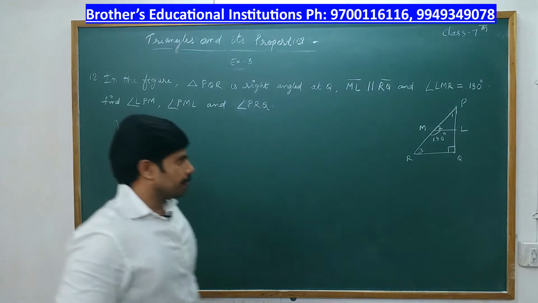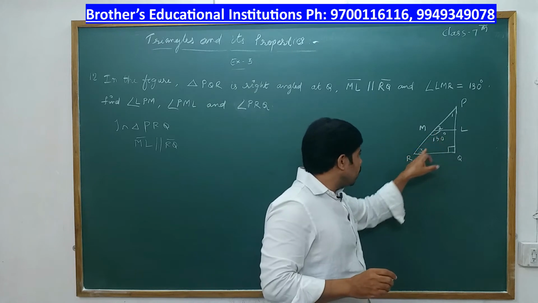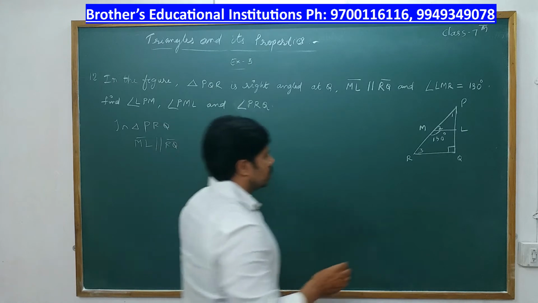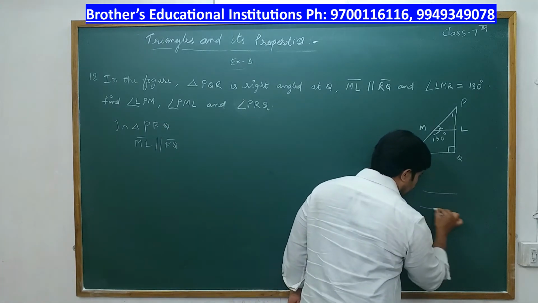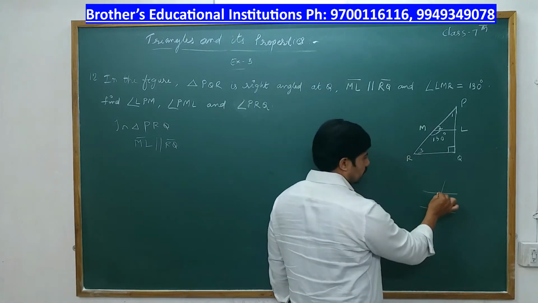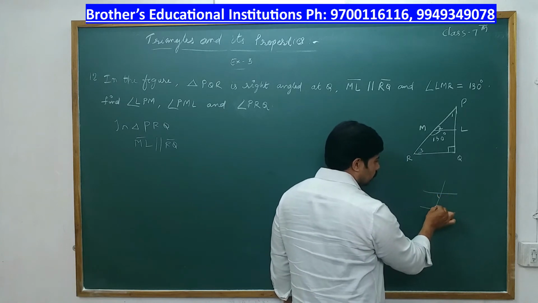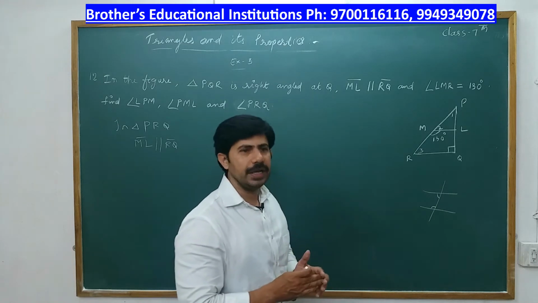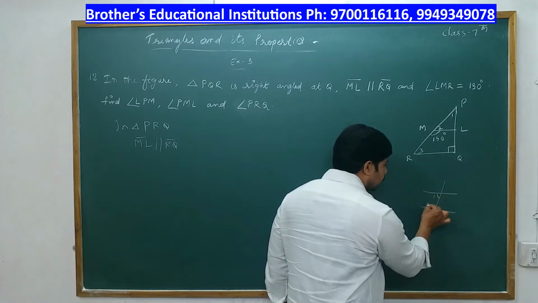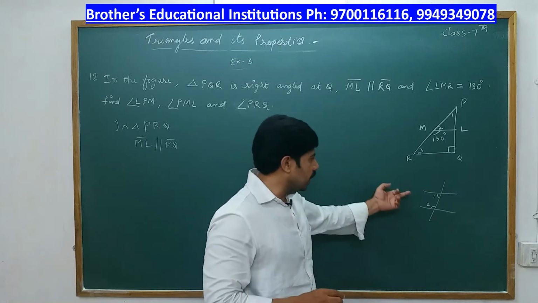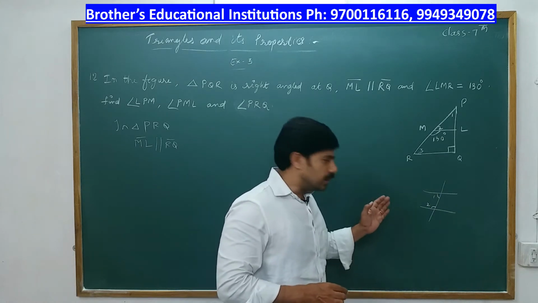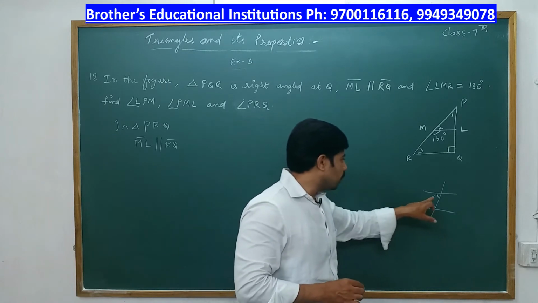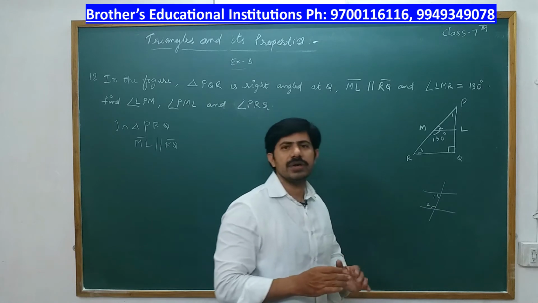So angle M plus angle R is 180 degrees, because suppose two lines are parallel and a line is a transversal, the angles on the same side, if both are interior, the sum of these two angles will be 180 degrees. That means angle 1 plus angle 2 will be 180. Those angles are called co-interior angles. The reason is co-interior angles.